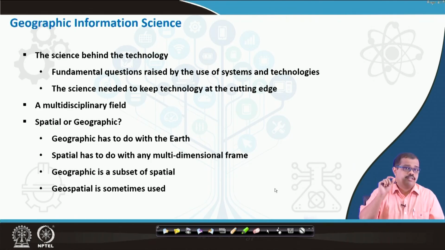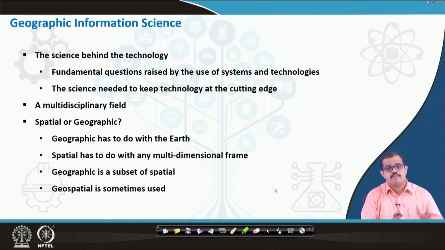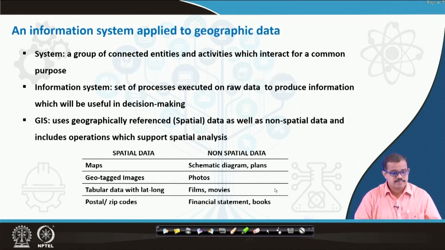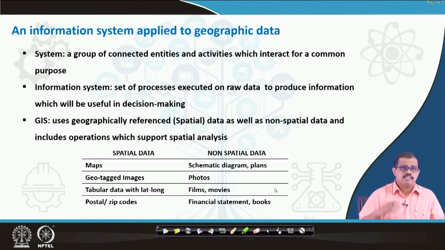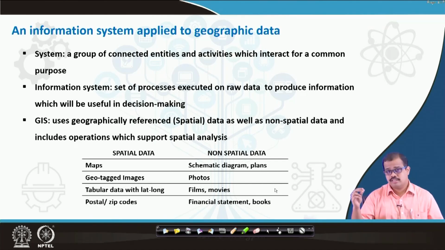Geospatial, you would have heard something called geospatial technologies. It is nothing but a combination of geographic data and spatial data. Combining both geographic and spatial data will give you geospatial information or geographic spatial information. So when we are looking at this, how can you apply an information system to geographic data? What did we understand is, we have certain data relating to the earth's surface, so that means it is geographic data.